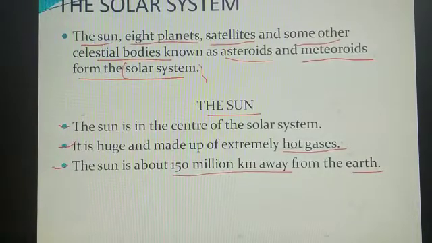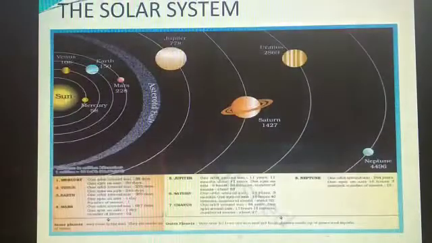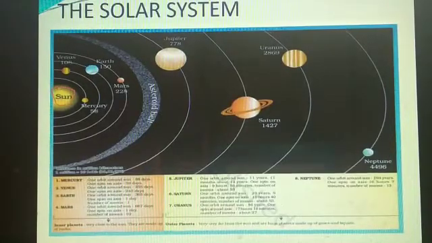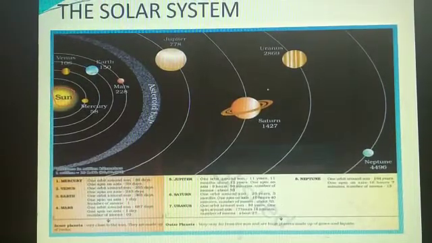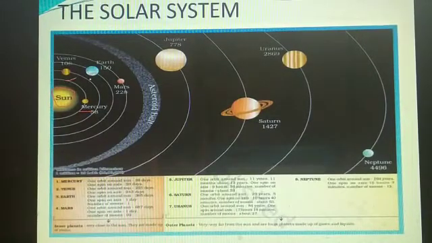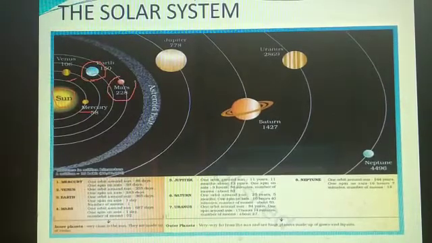Okay, so on the next page we have this diagram of the solar system. So look at here, the sun is in the center. Okay, after that we have the 8 planets, that is Mercury, Venus, Earth. Okay, Earth is here. Then Mars.